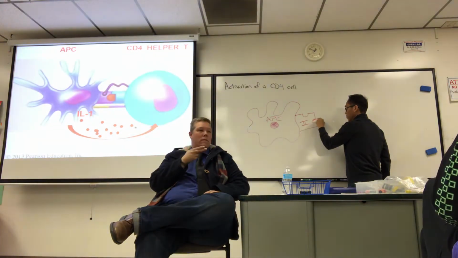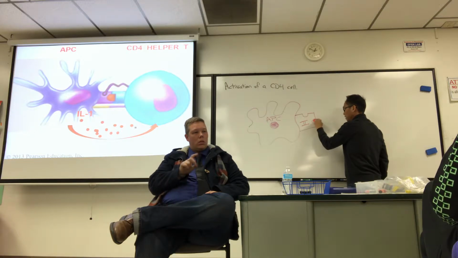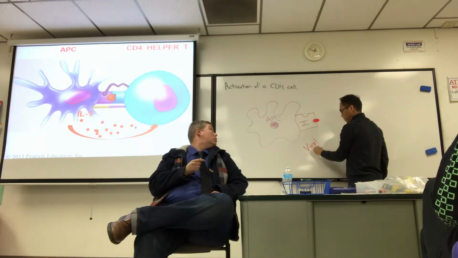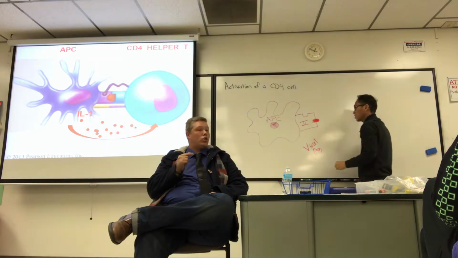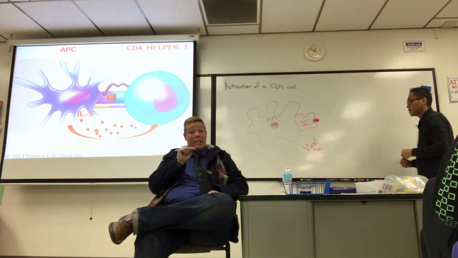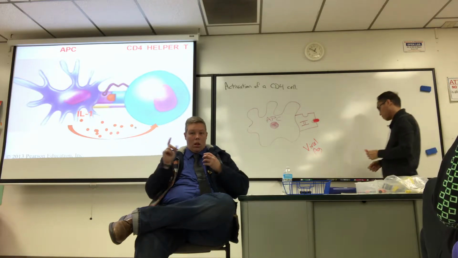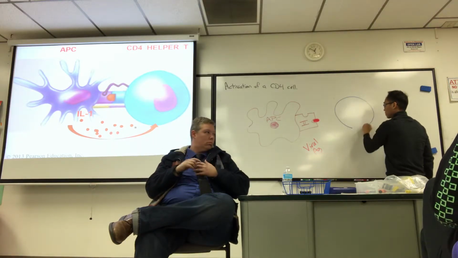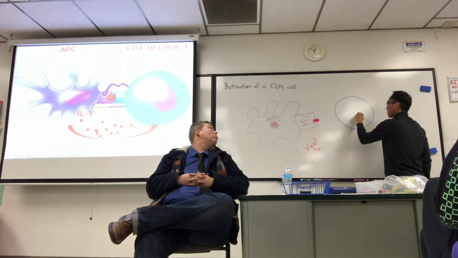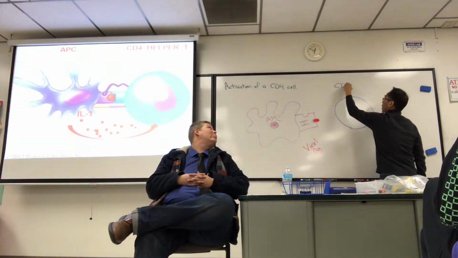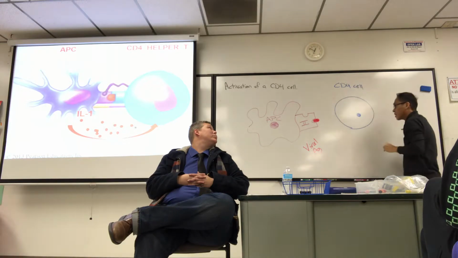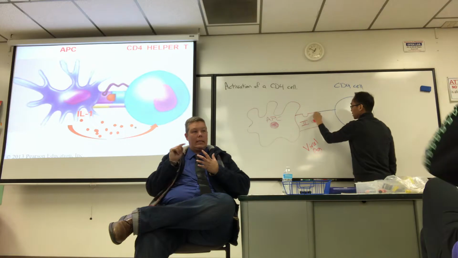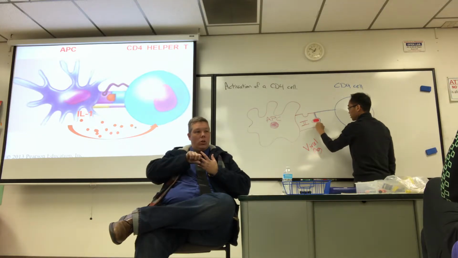Say it's a virus. We'll call this viral AG, non-self, right? In red, viral AG. So what happens is the T cell comes along, CD4 cell, and it has a T cell receptor that's specific for this viral AG.